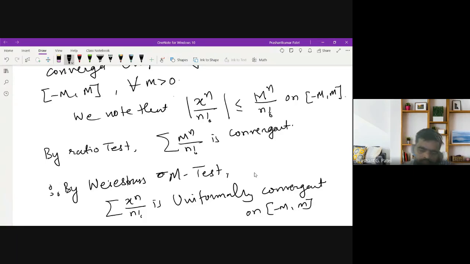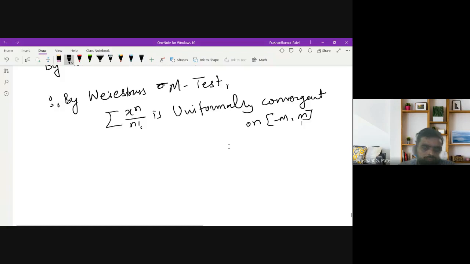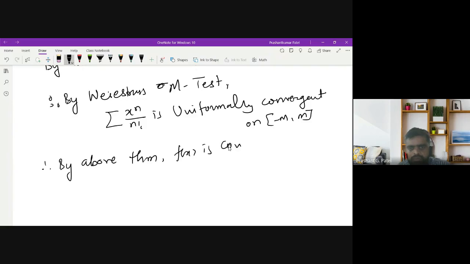And so by the above results which we have discussed, under uniform convergence the continuity is preserved, because each of these x power n upon n factorial is a continuous function. So therefore, by the above theorem, the limit function f(x) is continuous on the closed interval minus m to m.